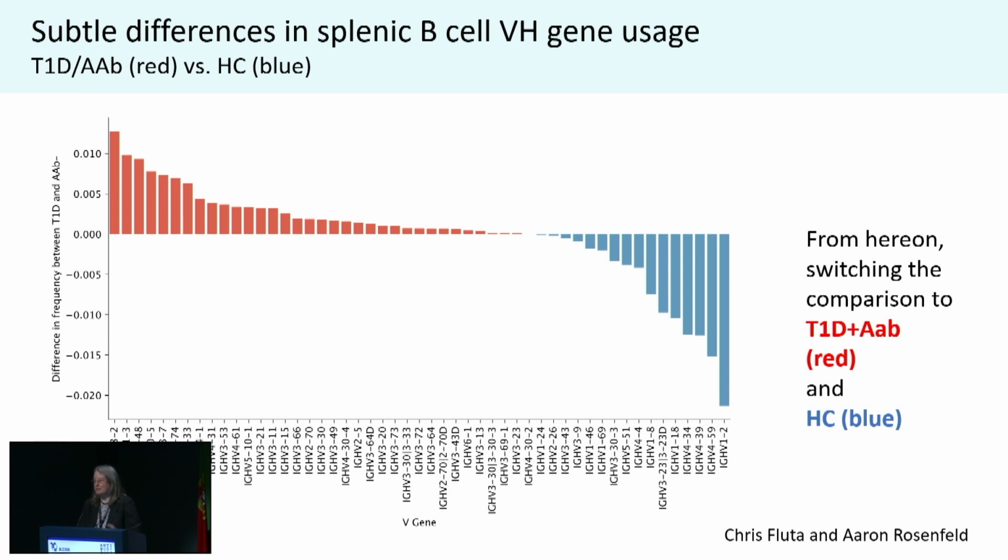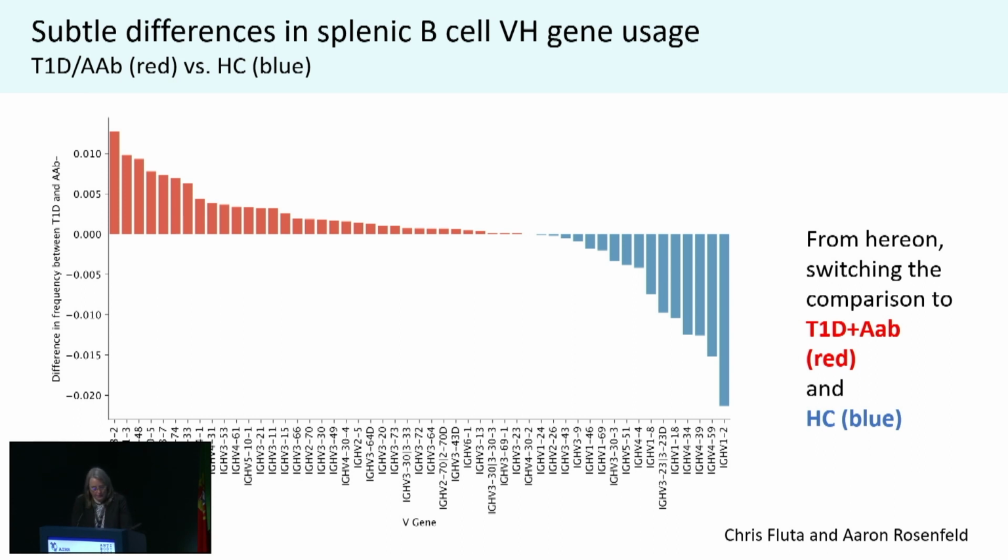So that's an allelic difference, not necessarily a frequency difference, because if you take, and I'm not showing this to you here, but if you take individuals who have the gene and look at their frequency of 438-2 usage in individuals with the gene, they're not different from controls. So that's an allelic difference as opposed to a frequency of usage difference in T1D versus control.